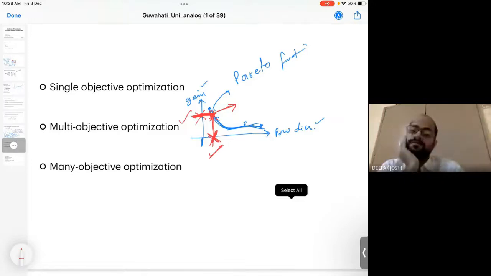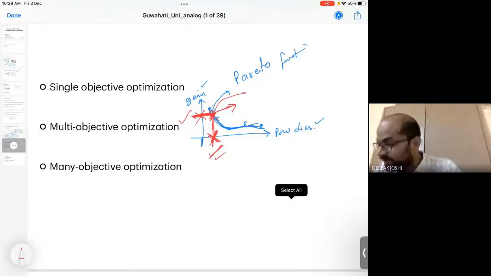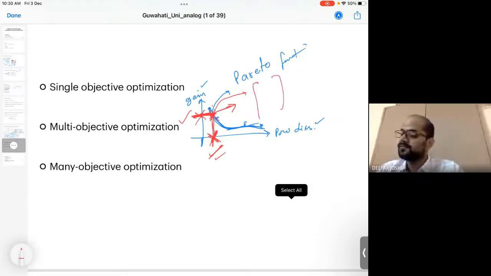This gain will be the best case for the given power dissipation, and this point is nothing but a vector with a set of W1, W2, W3, or the currents, the set of design parameters.